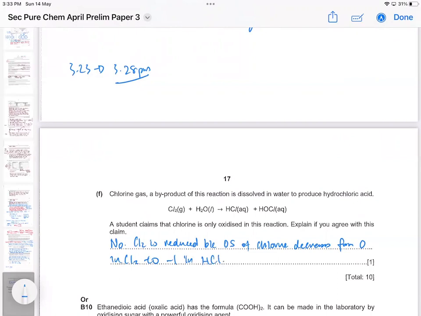So there is actually a reduction. Hence, we say that reduction is also present. This is the easy one. Now, can I ask you, anyone knows how to explain the oxidation? The reduction is easy. How to explain oxidation?